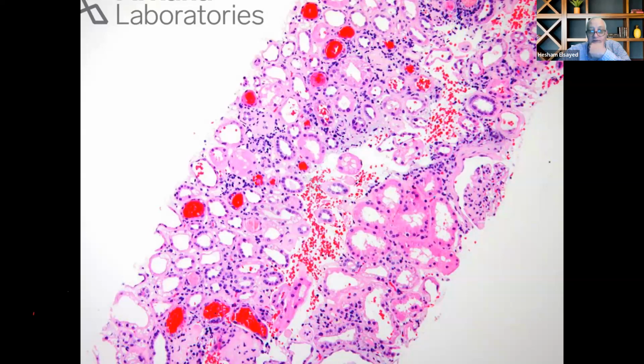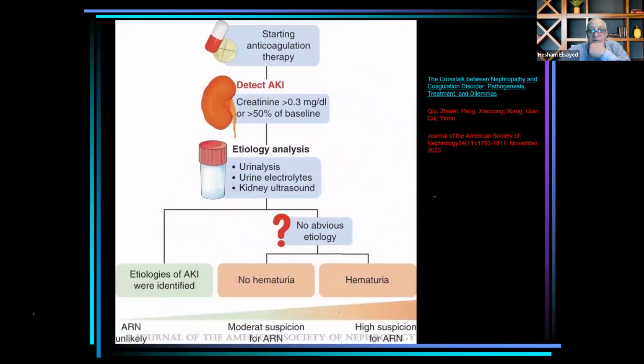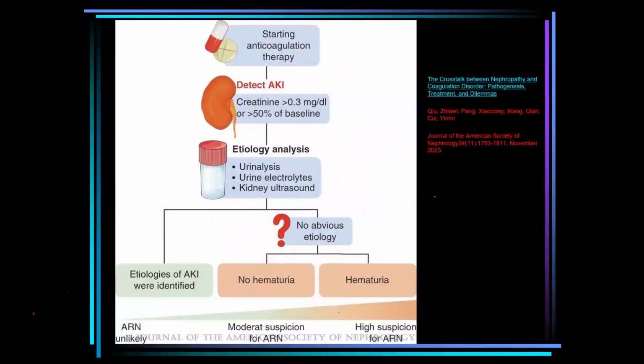We can continue, please. When we are speaking about this anticoagulation-related nephropathy, I came across the most recent issue of the Journal of the American Society of Nephrology this month, in November. There is an article about the updated management of anticoagulation-related nephropathy, just in order to complement the pathology with some clinical data.